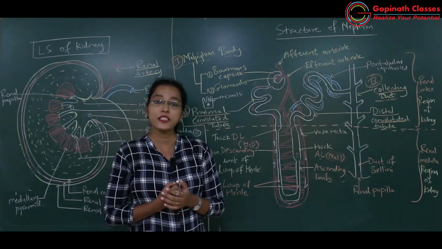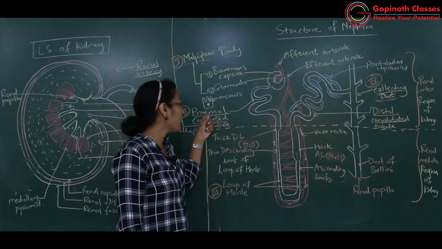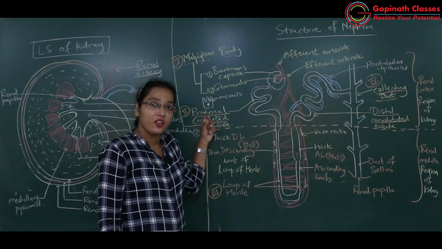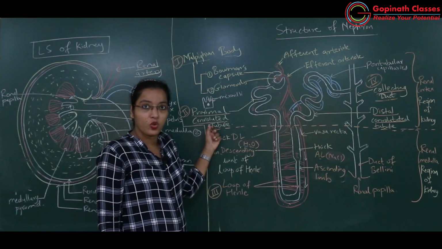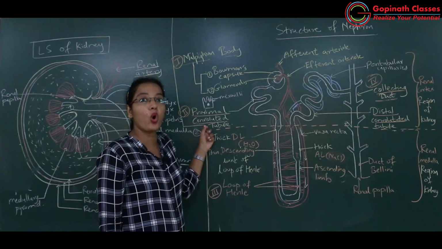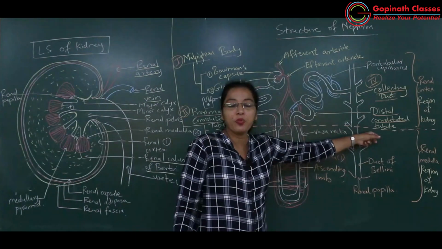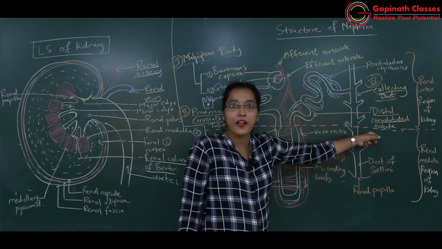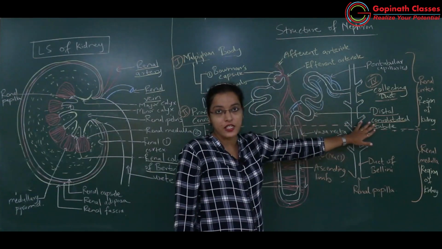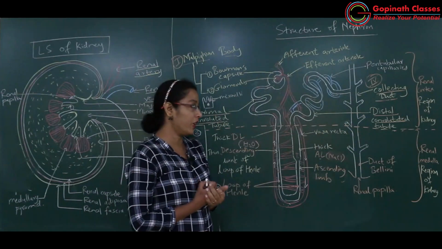Which cuboidal cells have the most microvilli? The cells of the proximal convoluted tubule. Got it? Because maximum selective reabsorption takes place in the proximal convoluted tubule. So the distal convoluted tubule is lined by cuboidal epithelial cells, and these cells have few microvilli.